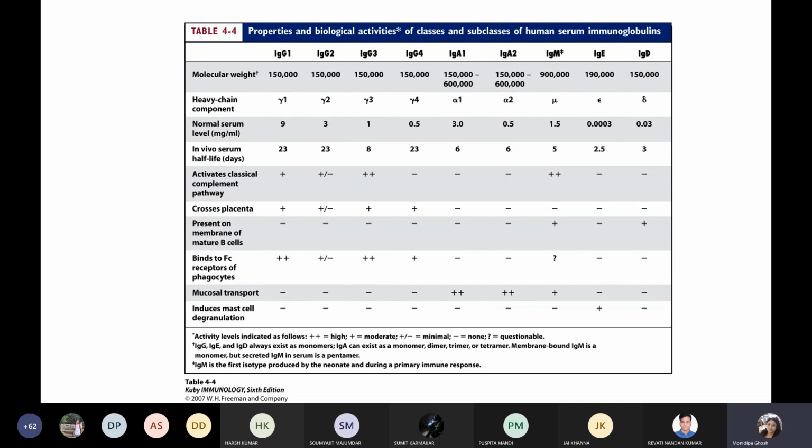In the secondary immune response or the tertiary immune response, the immunocompetent memory cells react and give rise to these varieties of antibodies. That is immunoglobulin A. What does immunoglobulin A do?